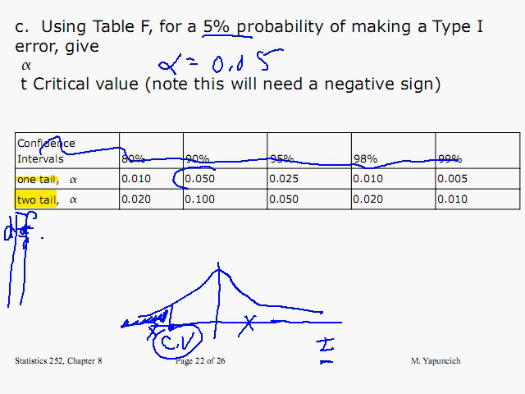So you can use this column right here, go down to the degrees of freedom, move over here, and that will give you your value, except that it's going to be on the left, so you need a negative sign. If you have a two-tail test and it was 5%, you would use this because the division has already taken place. You don't have to divide by 2. Just find your alpha and decide if it's a one or two tail test. If it's a left tail test, then you have to add a negative sign.